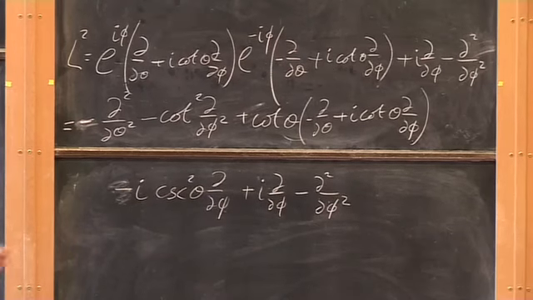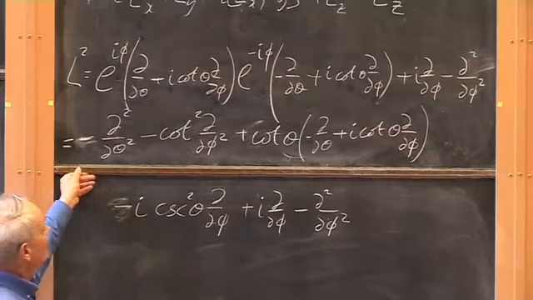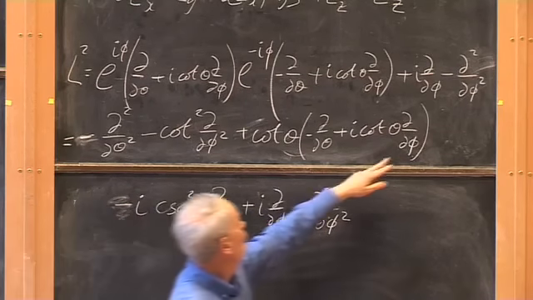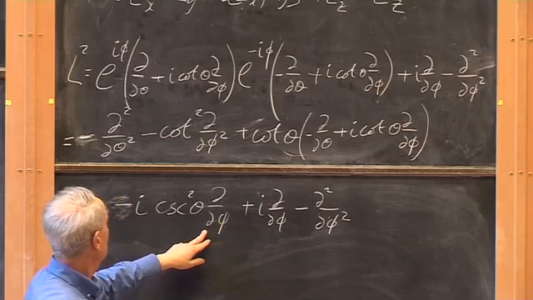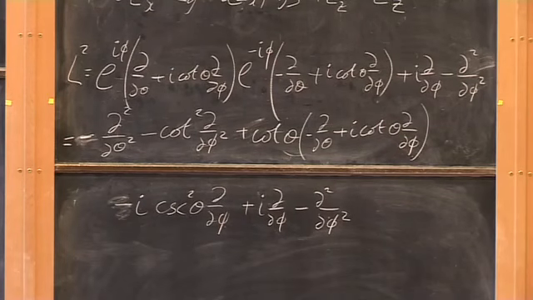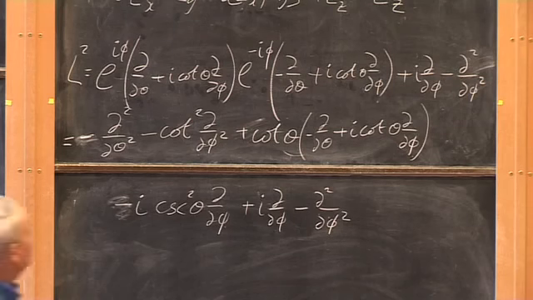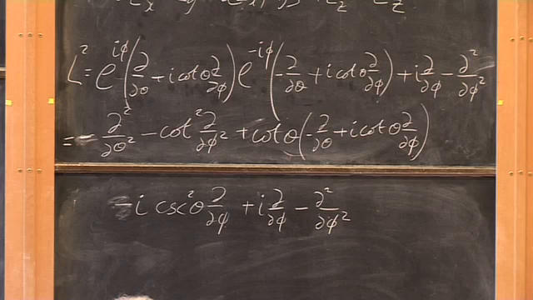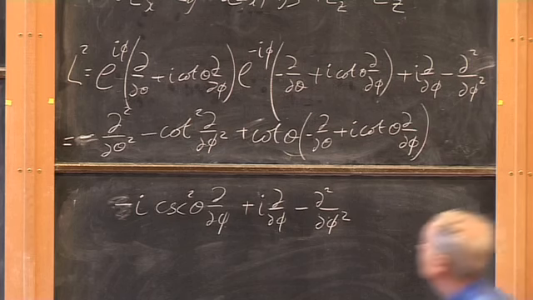Now we need to consolidate our various terms. We have three terms, 1, 2, 3, which are just d by d phi terms, and God be praised, they all add up to nothing because we have a trig identity, which is that cot squared theta minus cosec squared theta is minus 1.